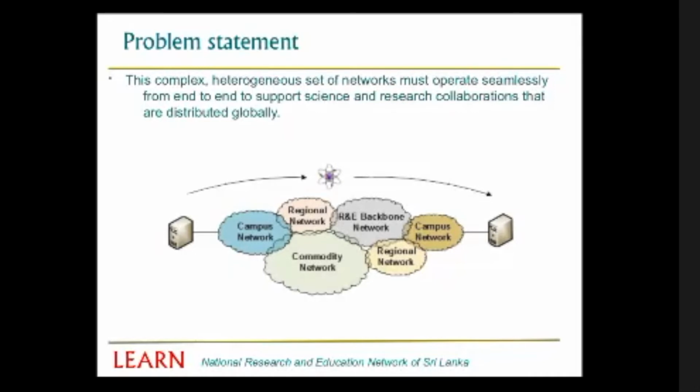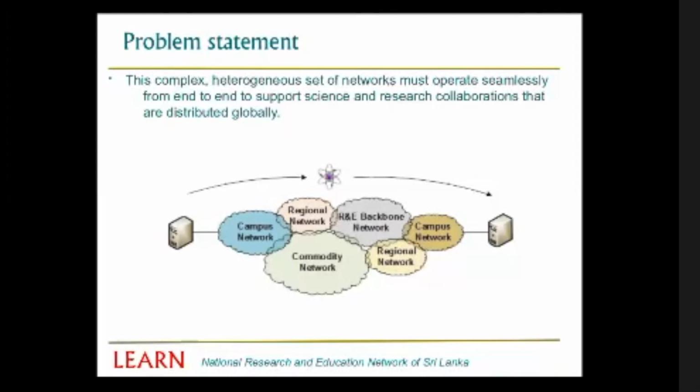They are distributed globally and can be interconnected with different types of networks, like regional networks and research and education backbone networks. Maybe they are going through other commodity networks, going through these connections likewise.